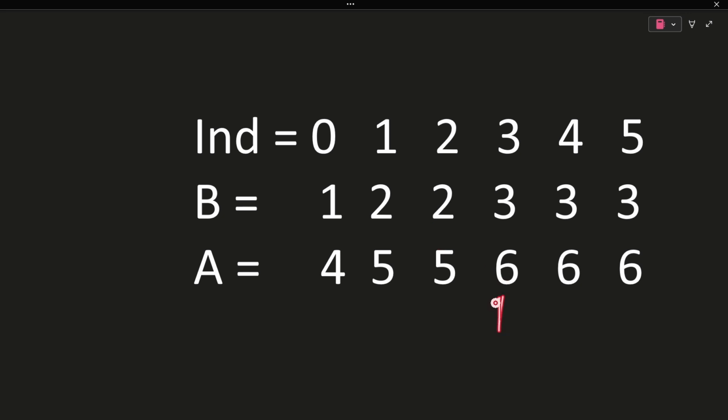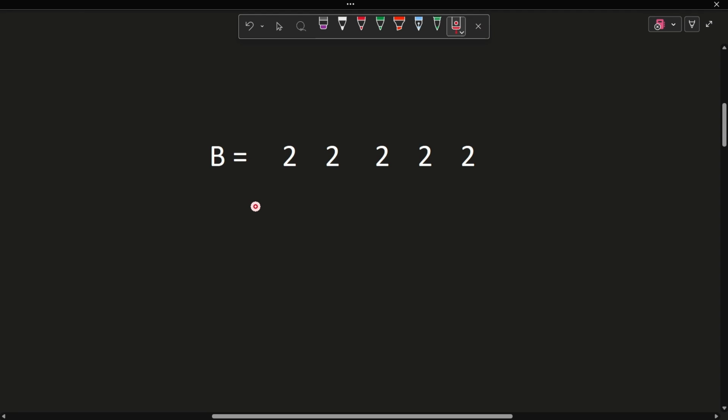For this index, a of I is 6, and 6 has appeared 3 times in the array A, so for this index it will print 3.